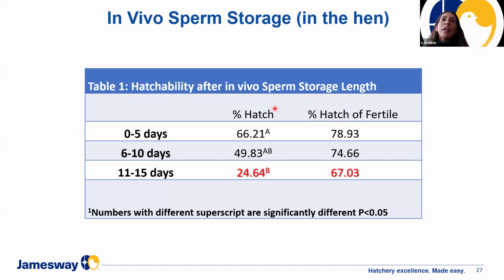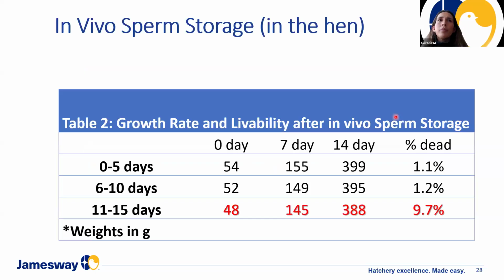If the length was between 0 to 5 days, hatch was 66.21, versus sperm storage that went from 11 to 15 days, where we have a significant drop in hatchability. And there is about a 9 point difference between hatch and fertile.